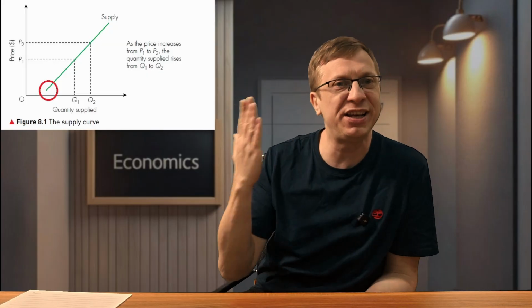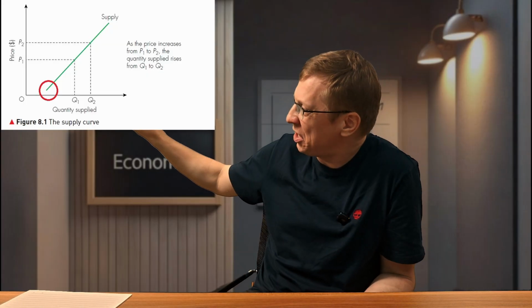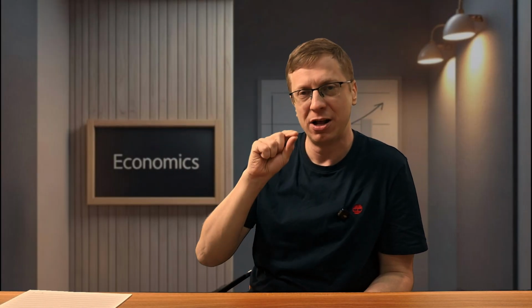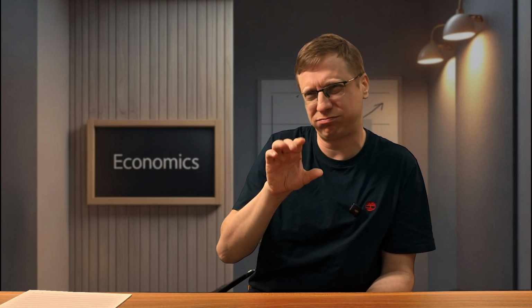However, here comes a classic oversimplification that causes confusion. In textbooks, the supply curve often starts at next to zero, or at a very tiny fraction, which can make you think that it starts at like 1, 2, 3, 4, 5, 6, 7, whatever.